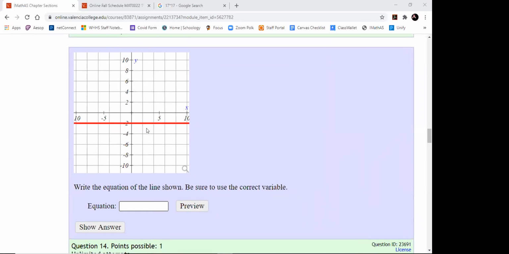So the line is going through your y-axis, which means it's going to be y equals -2. Perfect. And the reason why it's crossing the y-axis at -2. If it was a vertical line, it would be x equals some number.